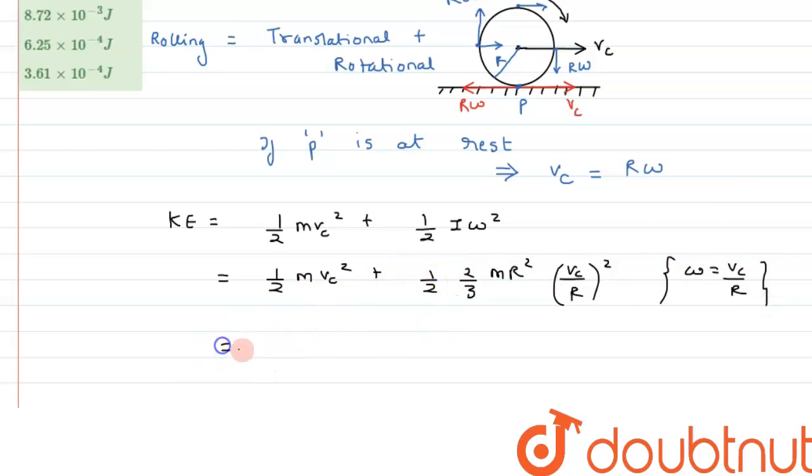From here finally we get the result as 5 by 6 m vc square.